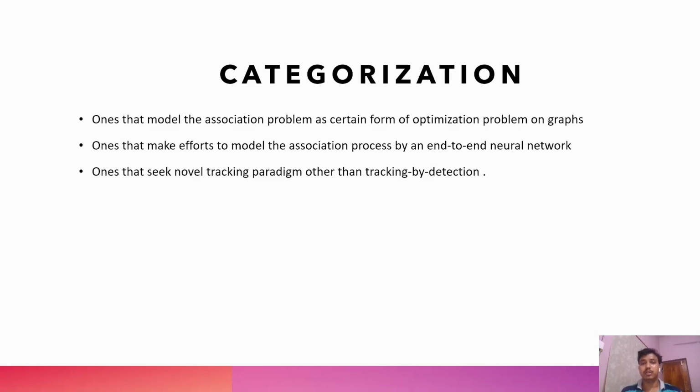Here the nodes are the targets and the linkages are the embedding or association between them. And the third is a novel tracking paradigm other than tracking by detection, which incorporates the detection with the tracker to get the embedding at the time of detection.